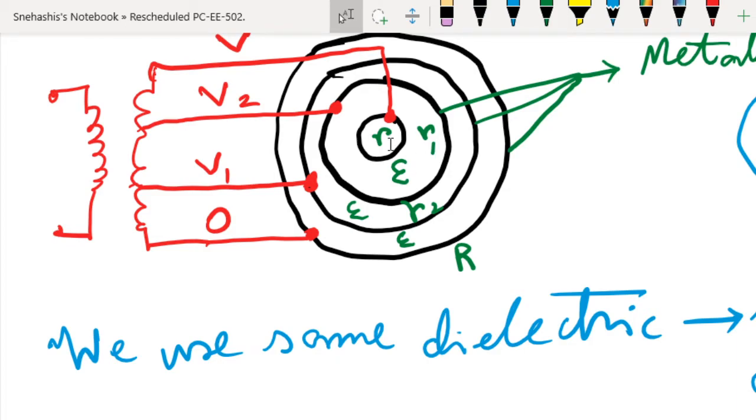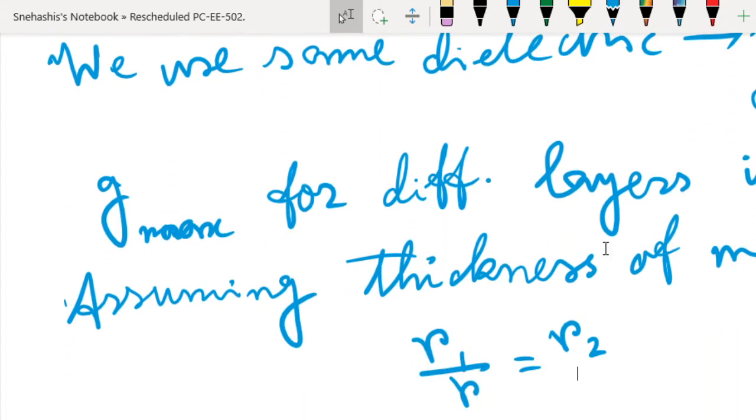This R1 by R, R2 by R1 and capital R by small r2, the ratio is same. We are assuming that R1 by R, R2 by R1, R by R2 equal to constant, say it is alpha.